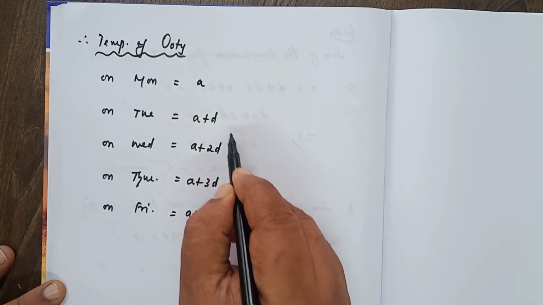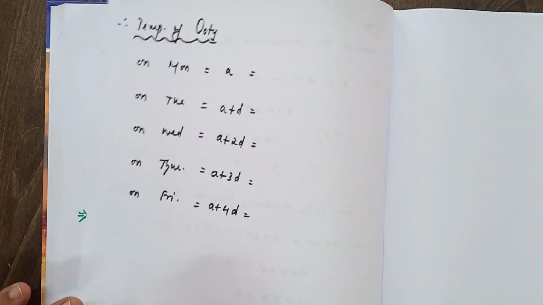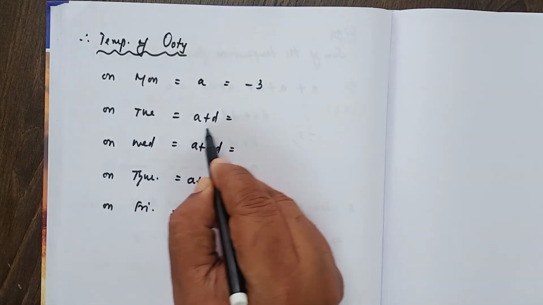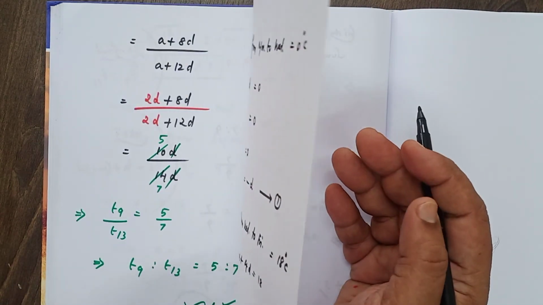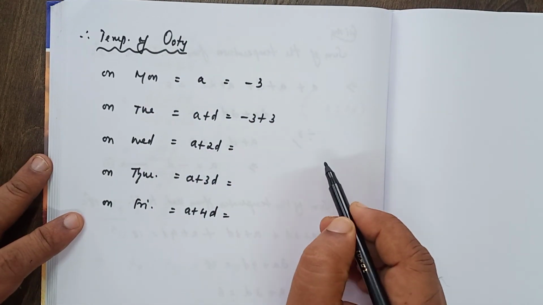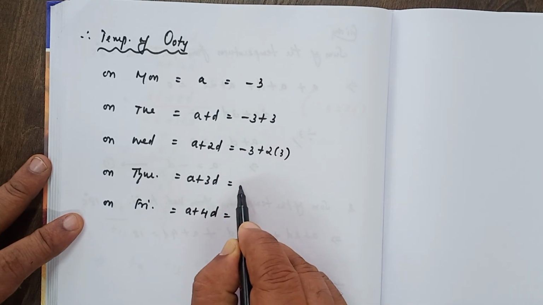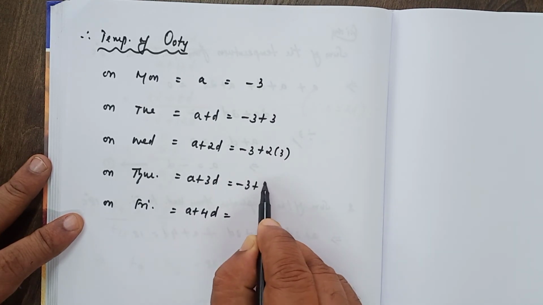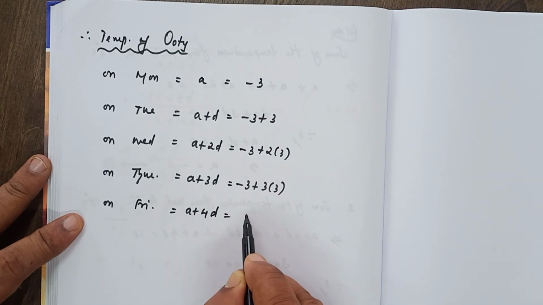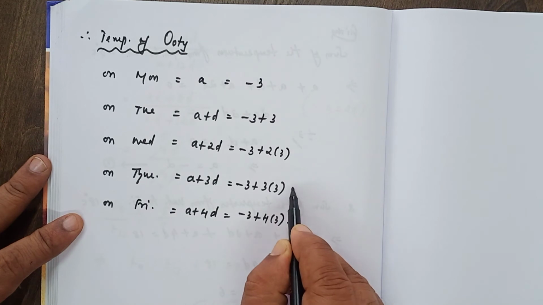Now what is the value of A? Minus 3. A value minus 3, D value is plus 3. Minus 3 plus 2 into 3, minus 3 plus 3 into 3, minus 3 plus 4 into 3.